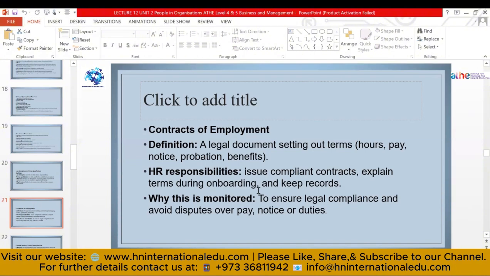If there is serious urgency, the person calling can call the landline, not you directly but the office, the management, and then they will come to you and inform you. So it is fishy most of the time, but people are working to ensure legal compliance and avoid disputes over pay, notice, or duties. And that is why we always go for contracts of employment.